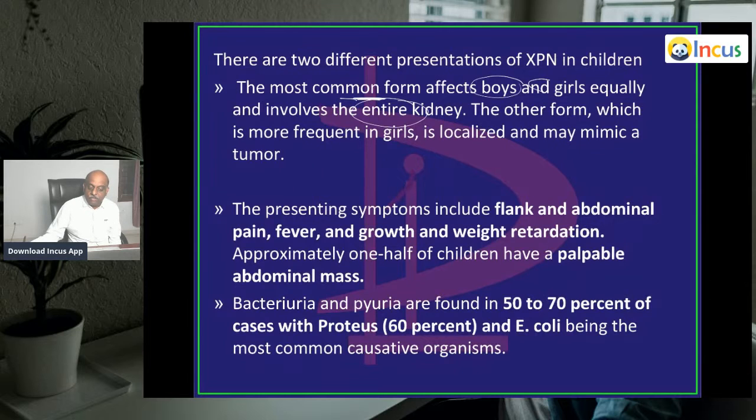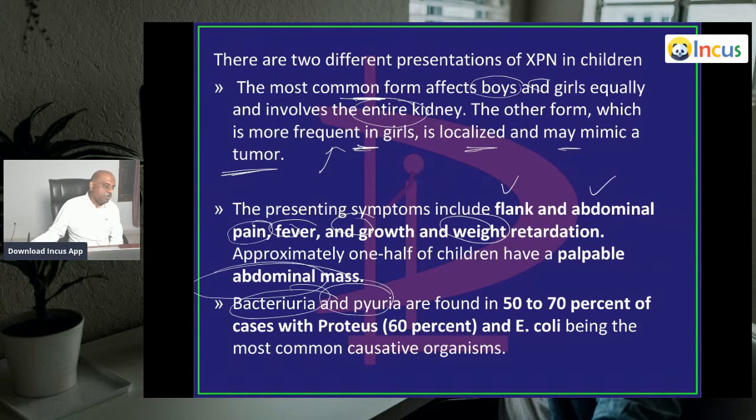And the other form is more frequent in girls, localized and may mimic a tumor. And it can present with flank and abdominal pain, fever, growth and weight retardation. It can present like a palpable abdominal mass. Bacteriuria, pyuria can be there. E. coli is the most common organism.